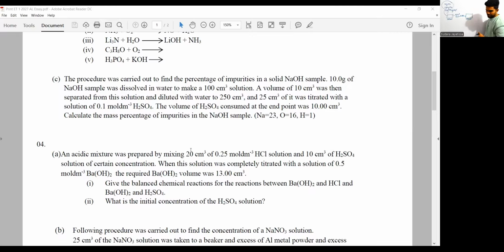From that diluted solution, 25 cubic centimeters are taken and titrated with H2SO4. The H2SO4 concentration is 0.1, and 10 cubic centimeters are consumed. That's why it is telling the endpoint.